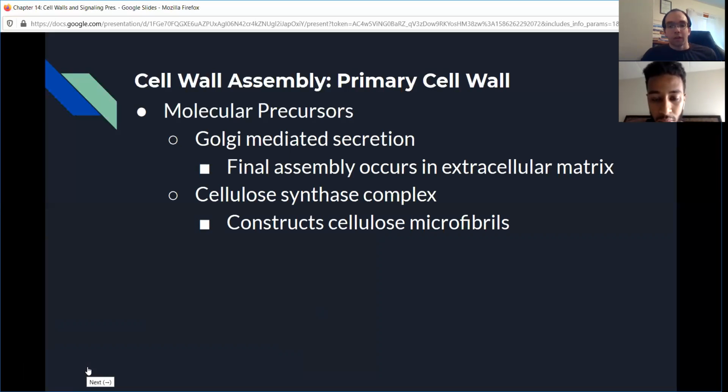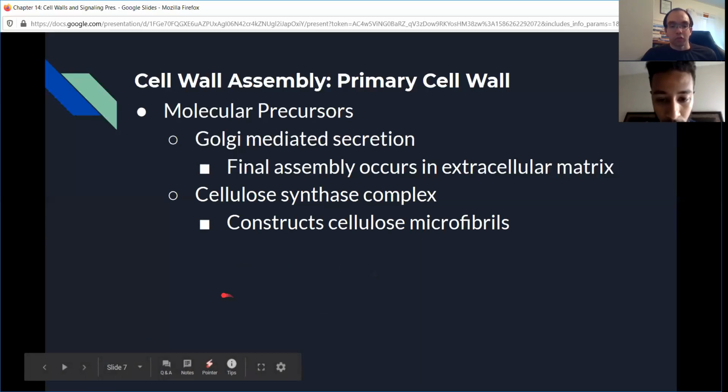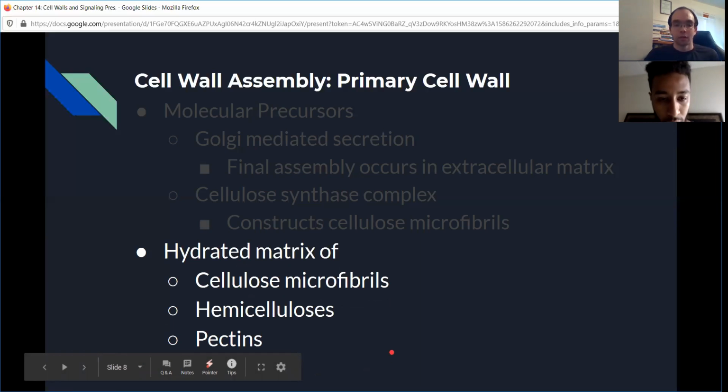It does this by laying down the microfibrils in the same direction as microtubules at the interior of the cell that were aligned by the phragmoplast. So the microfibrils and the microtubules all line up in parallel with each other when they're laid down from the cellulose synthase complex.